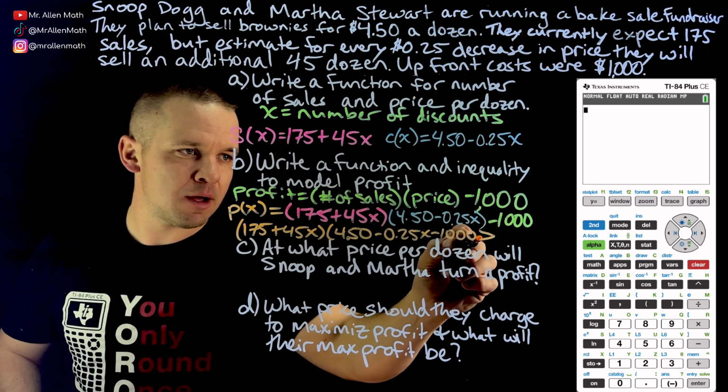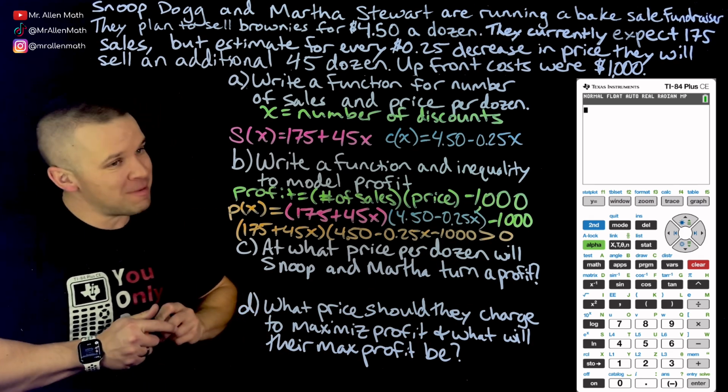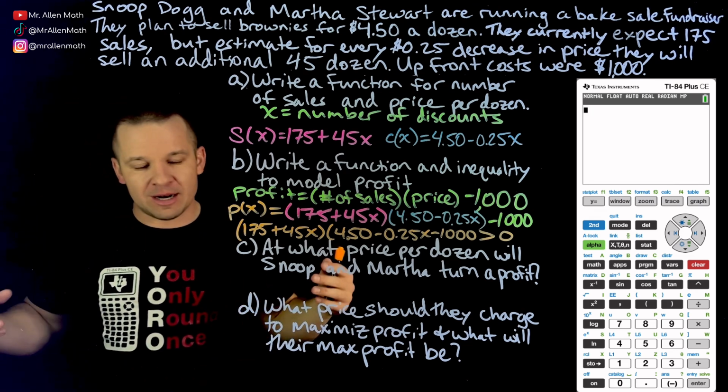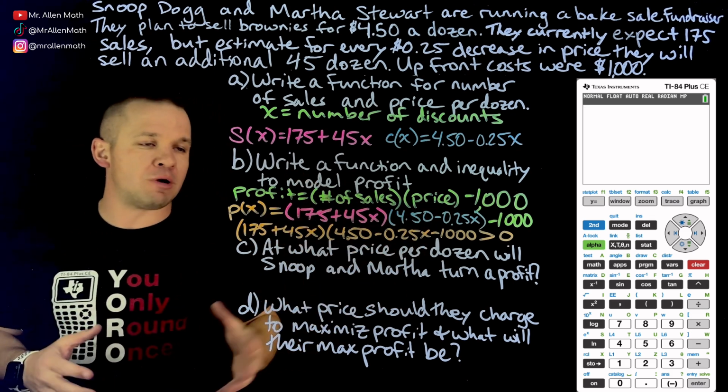Profit means that I'm making more than $0, right? We made $1 profit. Made $2 profit. Made $1 million, sick profit. All right. So that's a good inequality to represent profit.